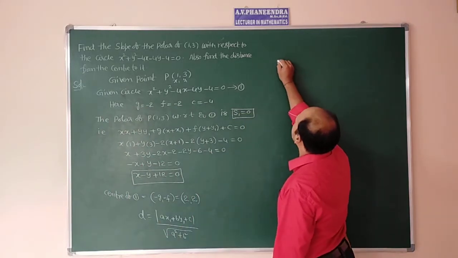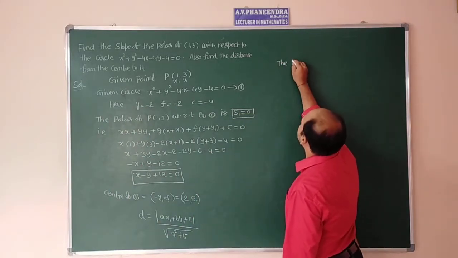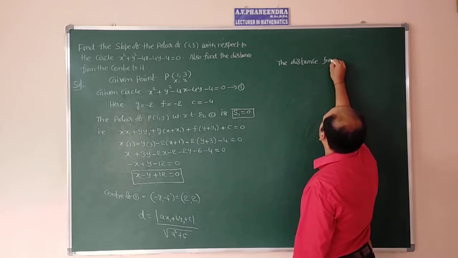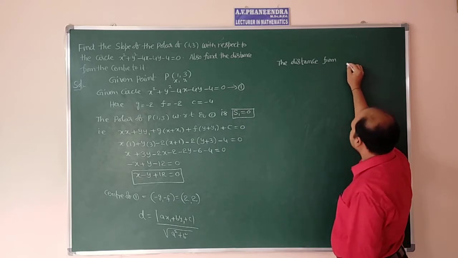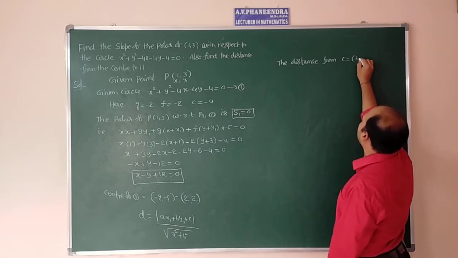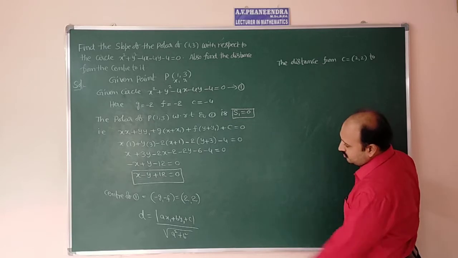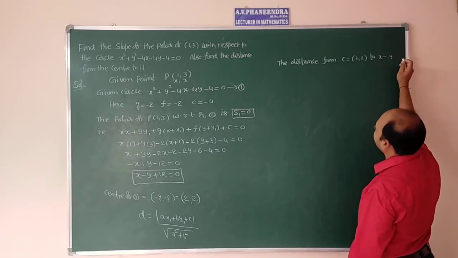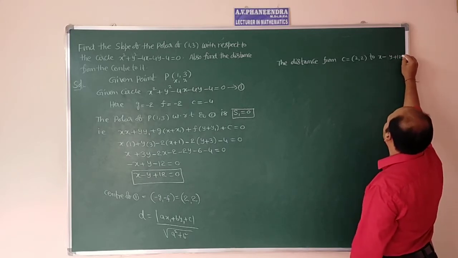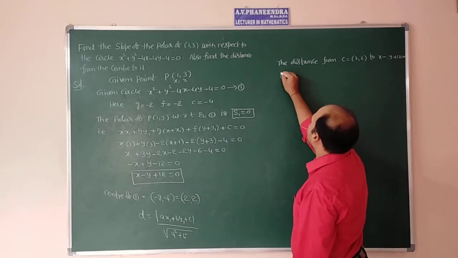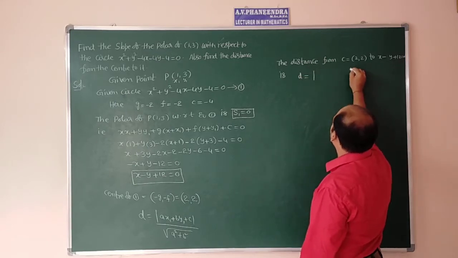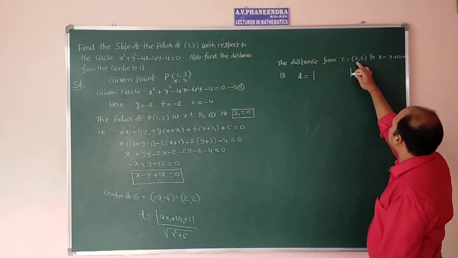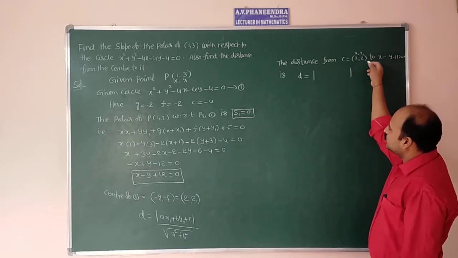So now, the second problem in this. The distance from the center of the circle, C = (2, 2), to the line x − y + 12 = 0 is d = mod of the expression with (x1, y1) = (2, 2) substituted.